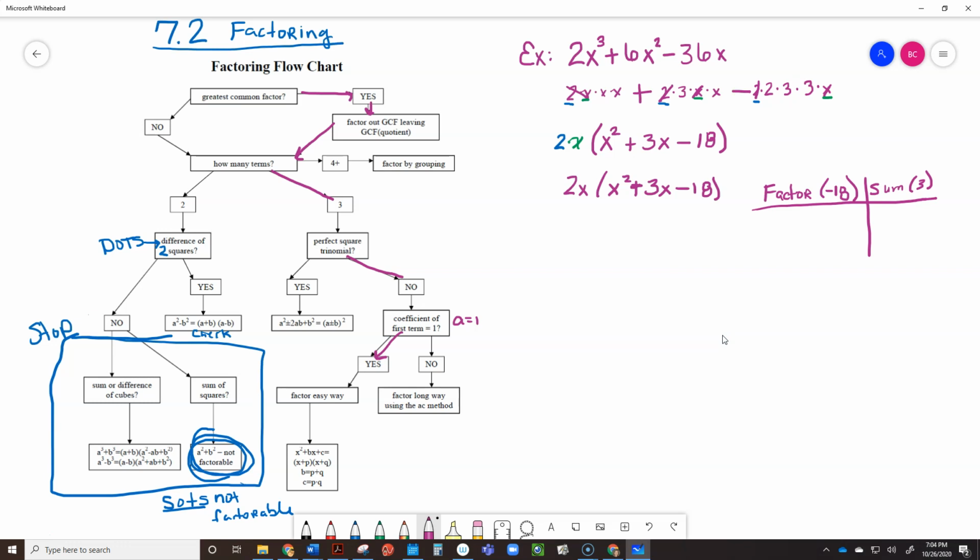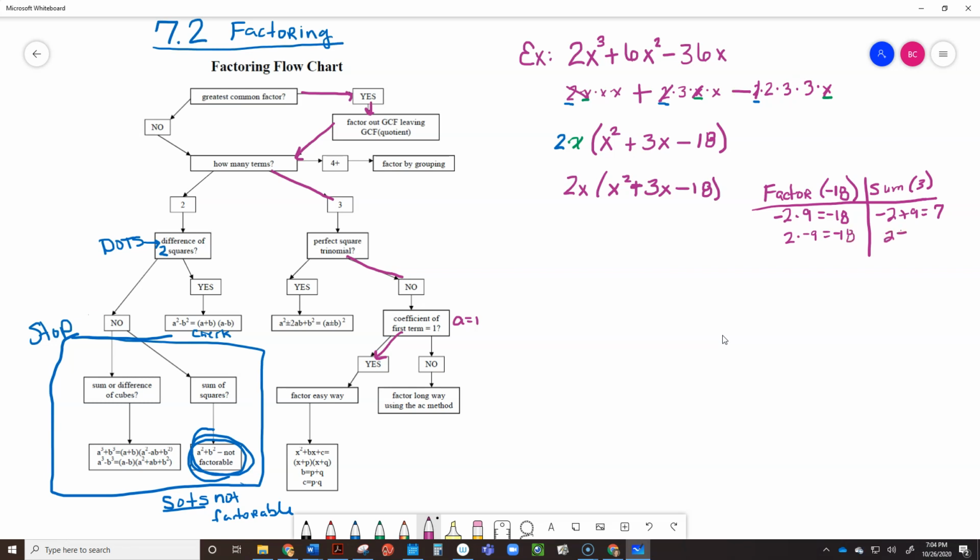So factors of negative 18. Let's see, what about negative 2 times 9? Those multiply together to give me negative 18. But a negative 2 plus 9, that's going to give me a 7. It's supposed to give me a 3. All right, and if I try positive 2 times negative 9, I still get negative 18.